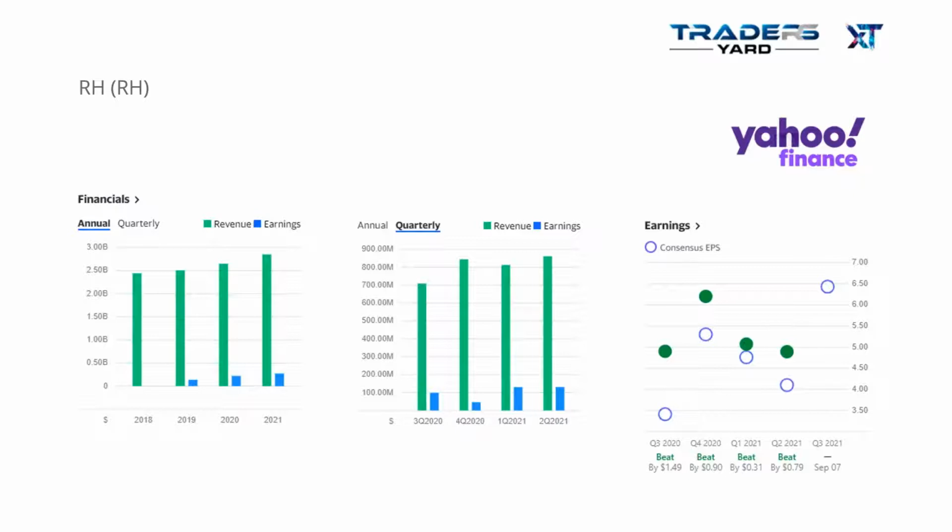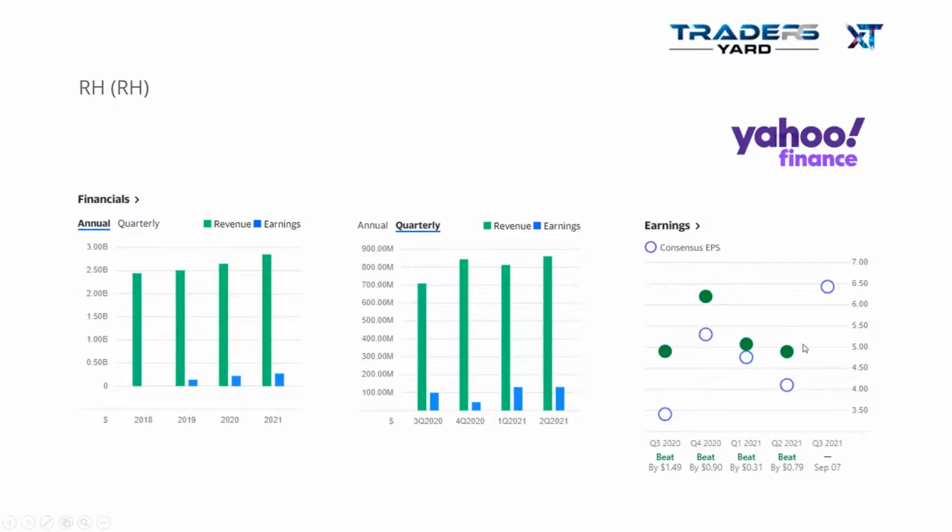But as you can see in the second quarter of 21, where reopening was already in play, people still went to the RH stores to buy all this stuff they need for their homes. So I think this company is in a really good situation, also post-pandemic.